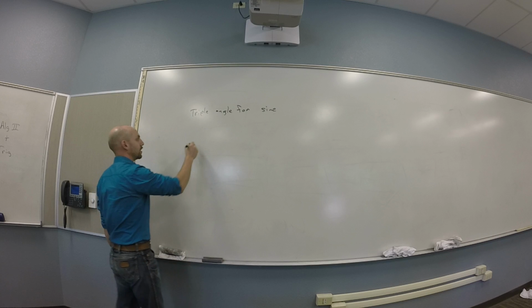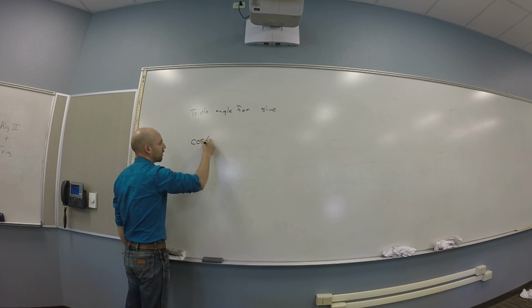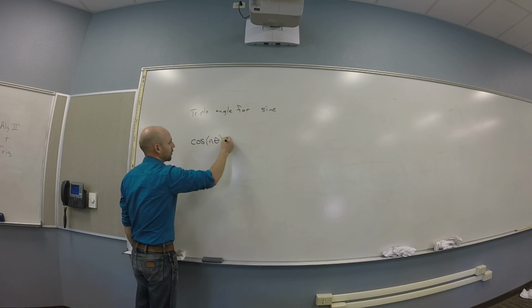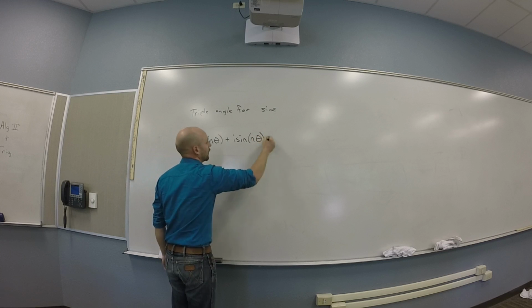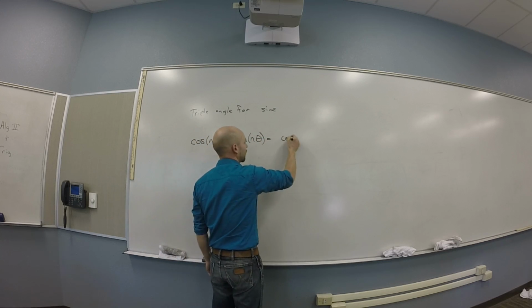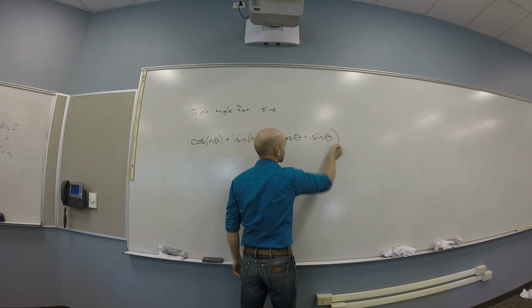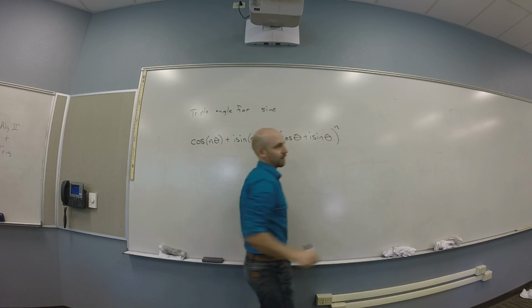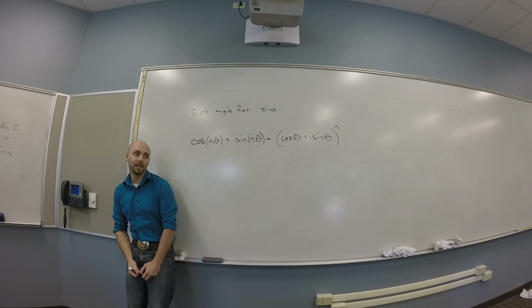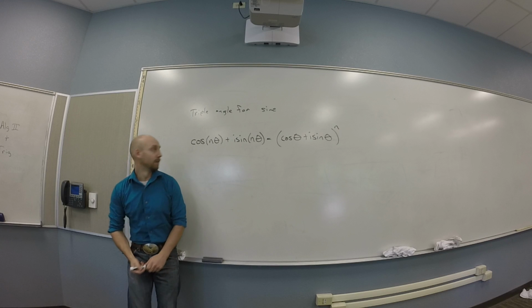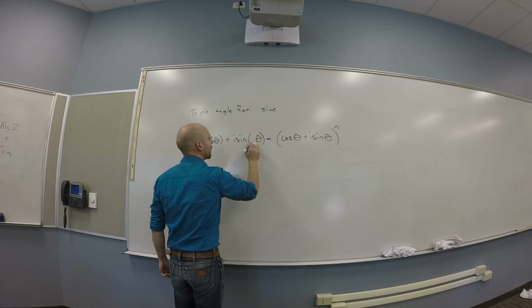Okay, so de Moivre's is this thing: cosine of n theta plus i sine of n theta is cosine theta plus i sine theta raised to the nth power, right? Yep. Okay, so if I want a triple angle formula, what does n need to be? 3. Okay, so let's go through and dump our n's and put 3's in there.